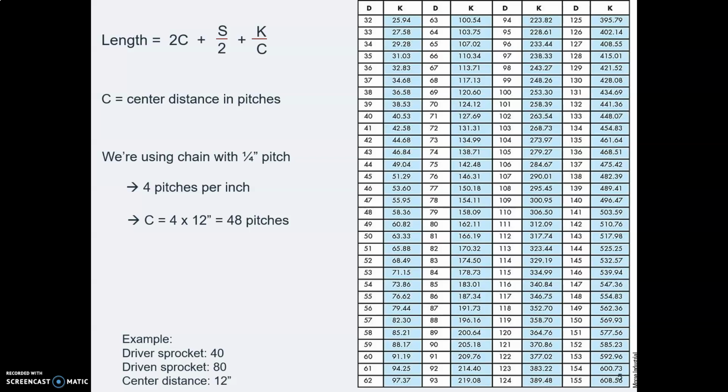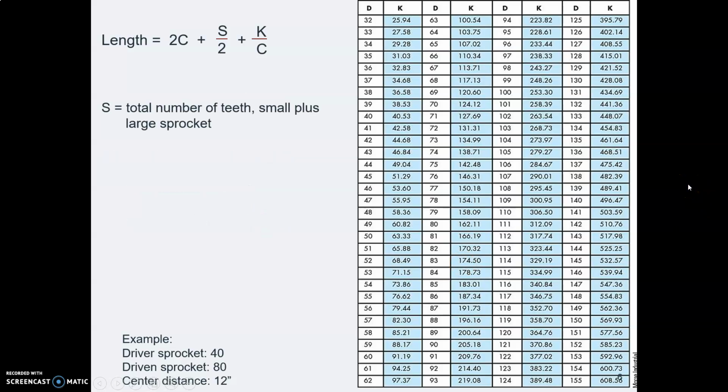So 4 pitches per inch times 12 inches gives us 48 pitches. Our center distance is 12 inches, which means it's 48 pitches of center distance. So that's the C in our formula.